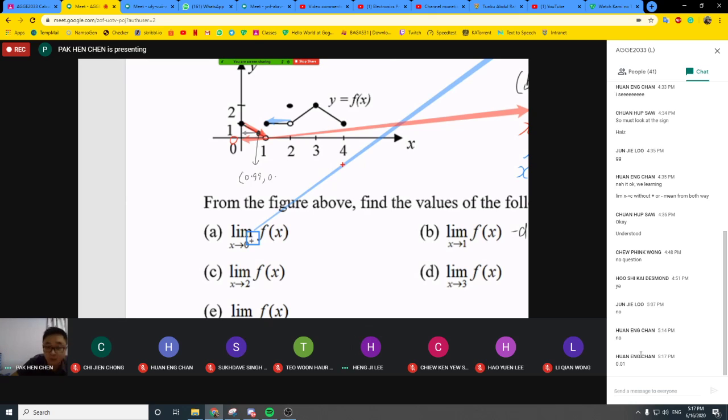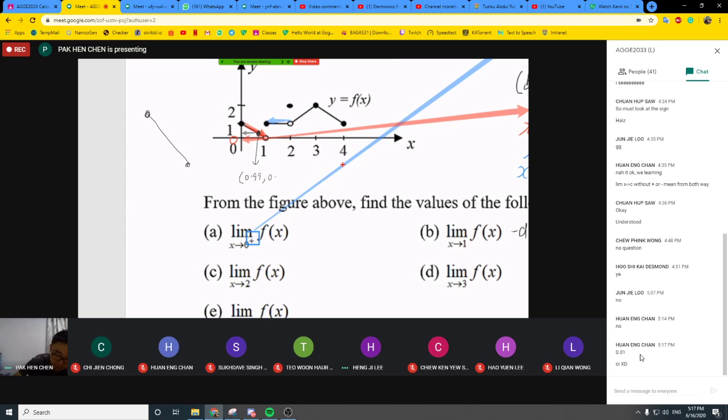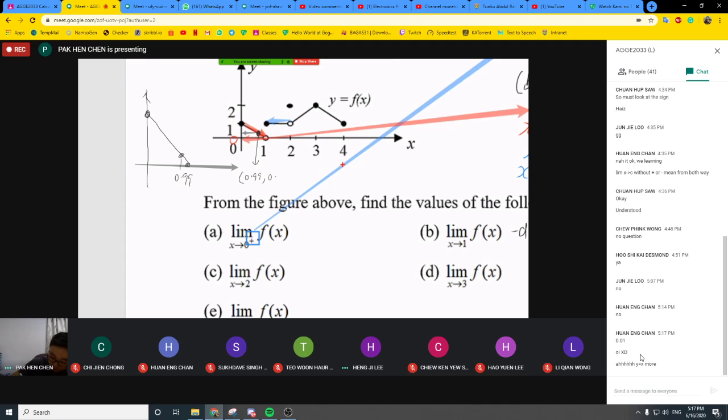0.99. Is it 0.99? If I make it bigger, like this, okay, this one is 0. What is your y value? Can you see? Near to 0. You see or not? Correct or not?